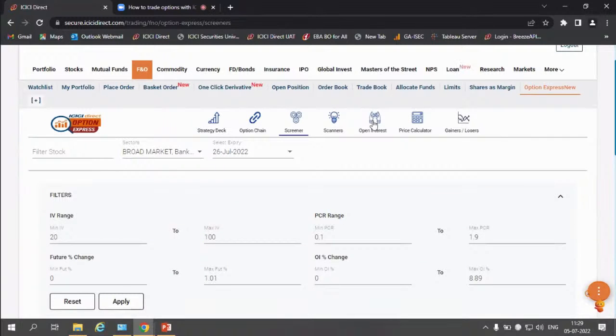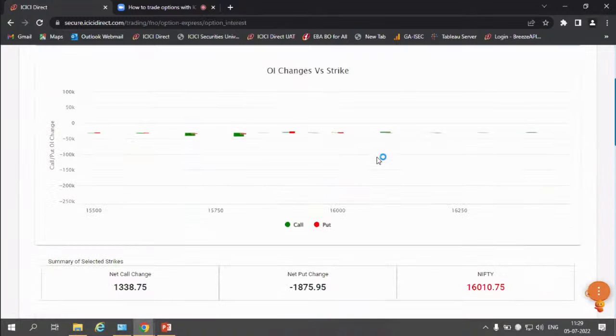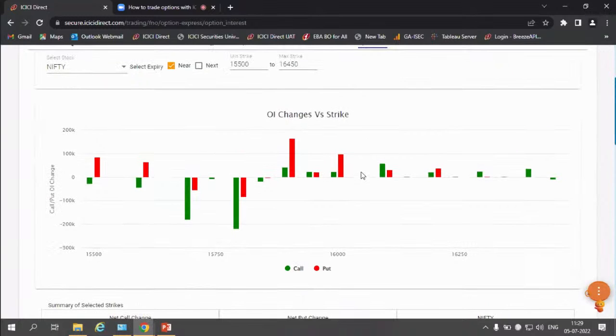I think open interest is what I've already explained right now. Right, at least this is loading up. So, OI change versus strike. This is the information that you will have handy, and that too in histogram format. For calls, you will be able to see this in green, and for puts, you will see it in red.